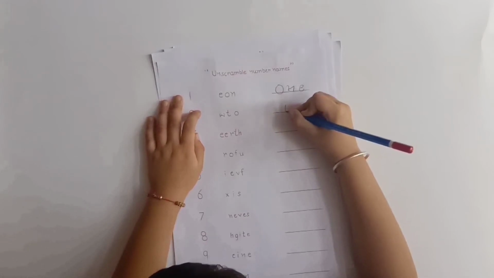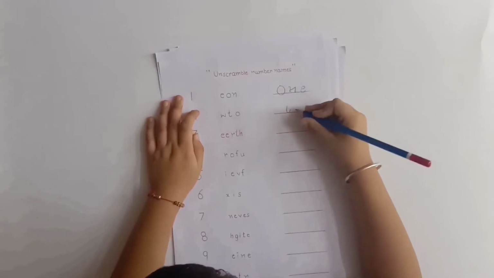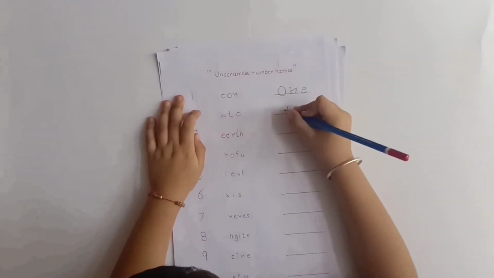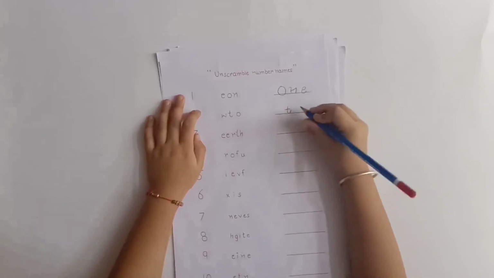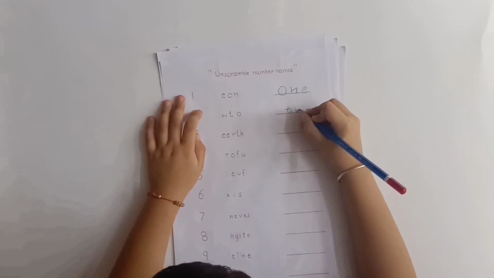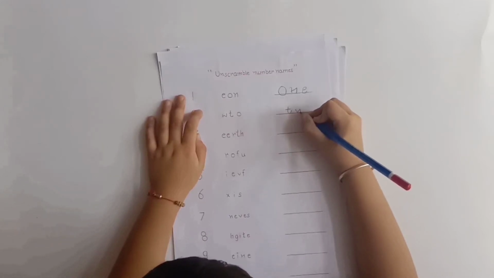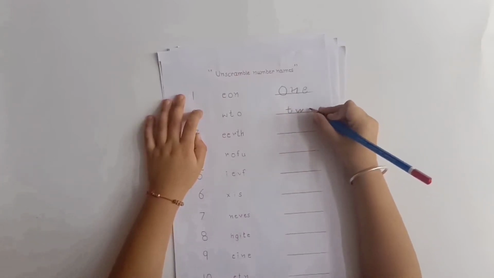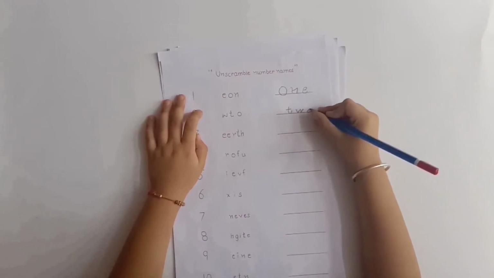T, yes. W, make the sleeping line of T. Yes. Now, next is W, very nice. Next one. O, very nice.